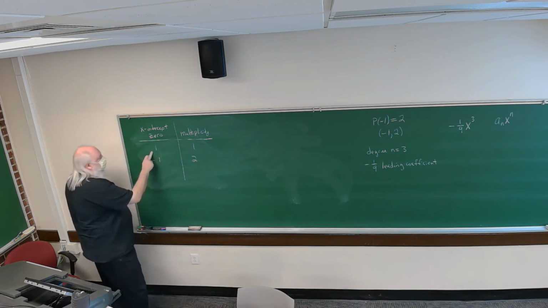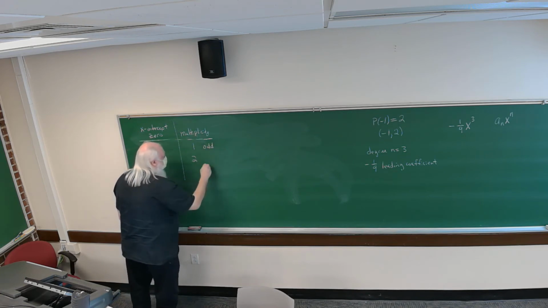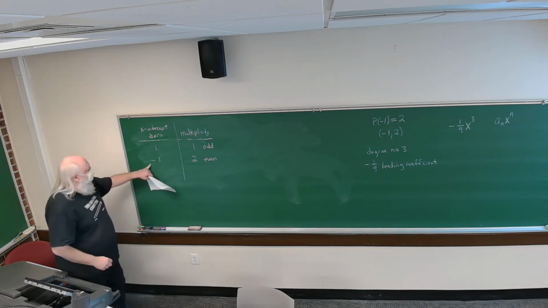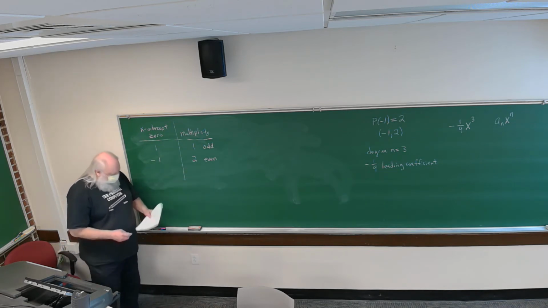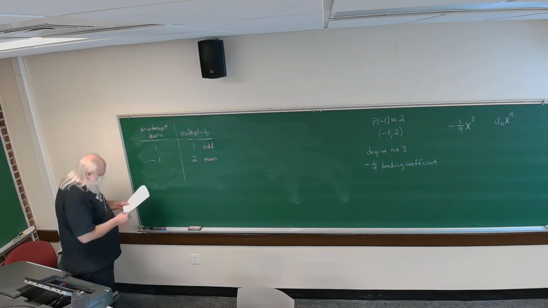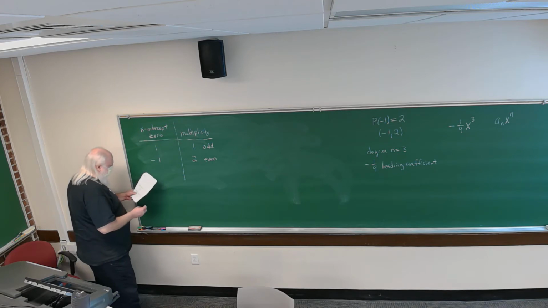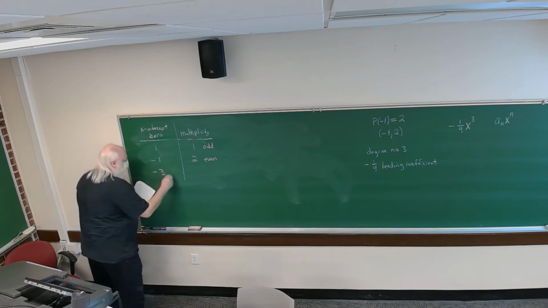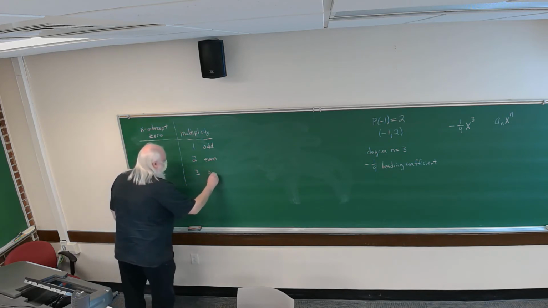So at x equals 1, the multiplicity is 1, right? That's odd. And then the x-intercept at x equals minus 1 has a multiplicity of 2, and that's even. And then we have a 0 of multiplicity 3 at x equals minus 3. Well, 3 is odd, okay?